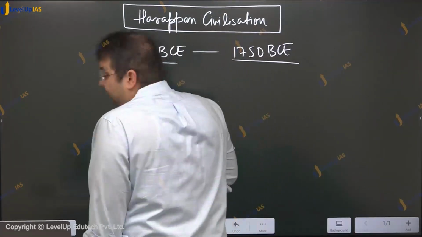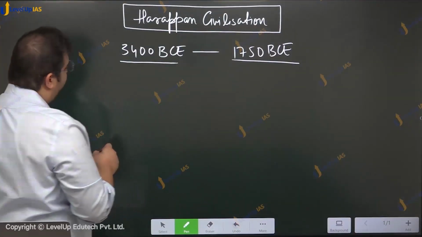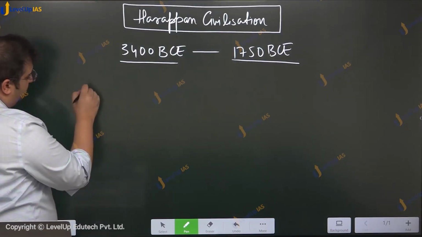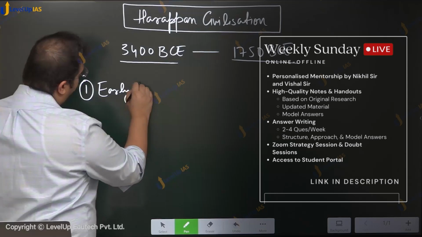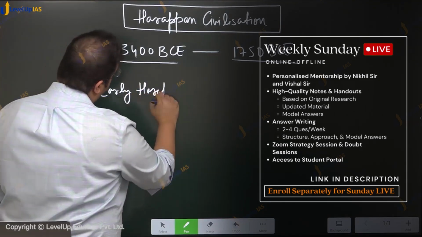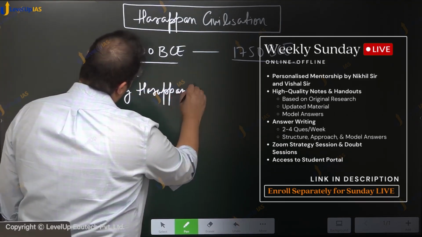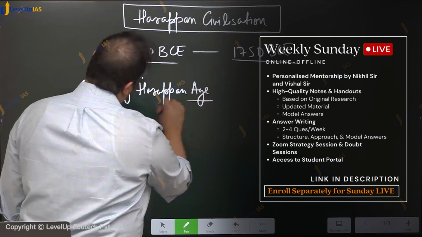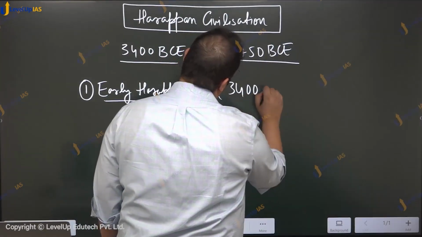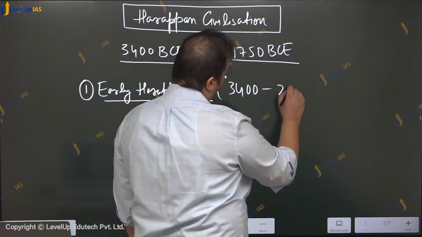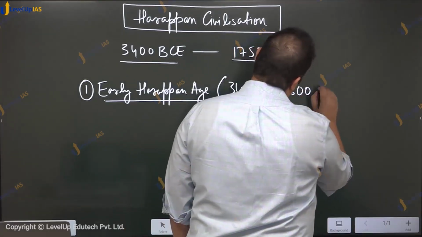The Harappan civilization may be divided into various phases of evolution. The earliest being the early Harappan age, from roughly 3400 to 2600 BC.